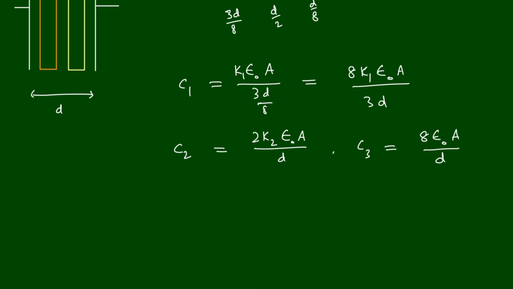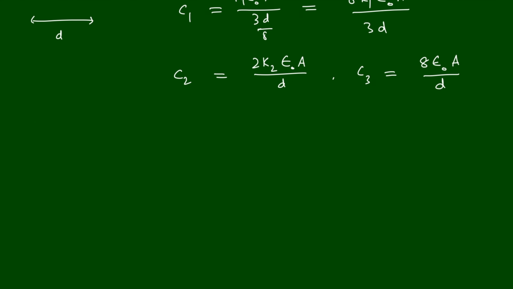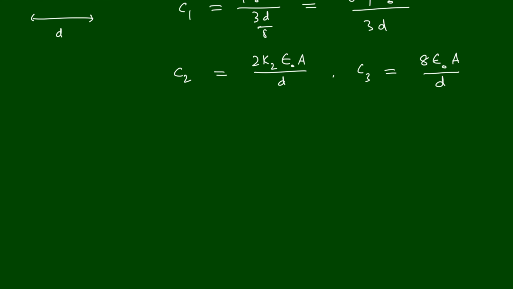Okay, now these three are in series combination, so 1 by C final is equal to 1 by C1 plus 1 by C2 plus 1 by C3.